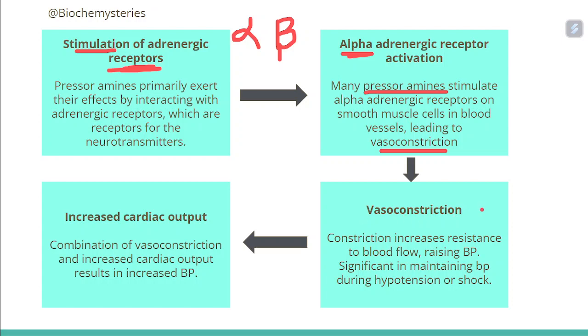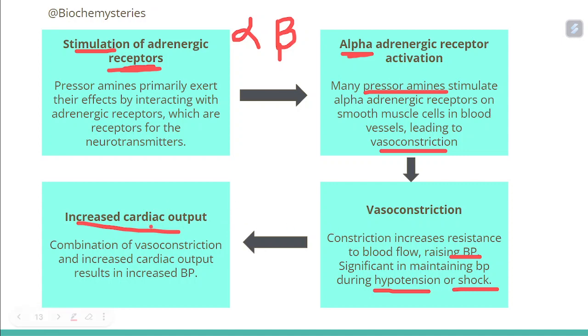So with vasoconstriction, the blood pressure would be raised to a very great extent. And this is related to conditions wherein hypotension or shock is there. Along with this comes increased cardiac output, basically the volume of blood being pumped out of the heart from the single ventricle, which will obviously be more.